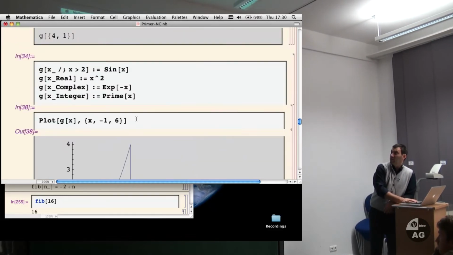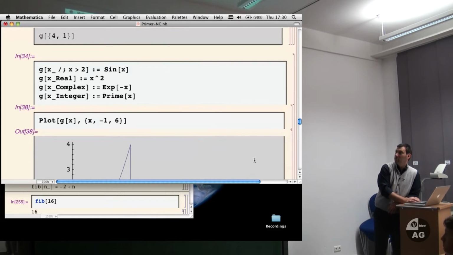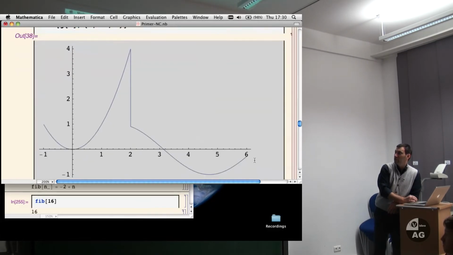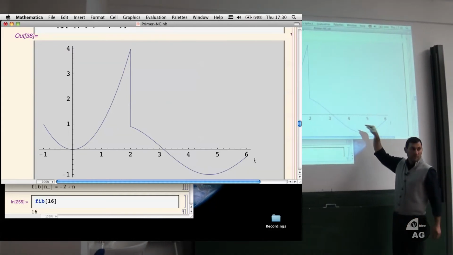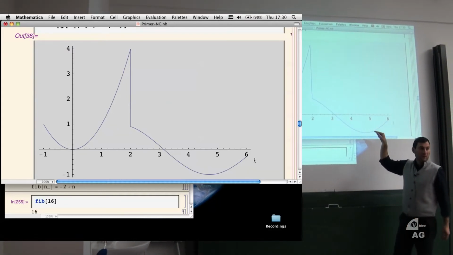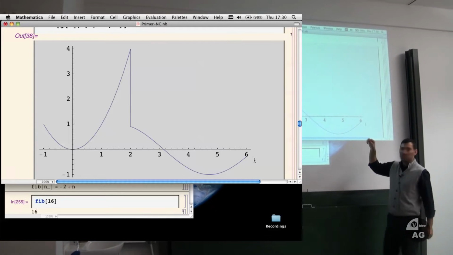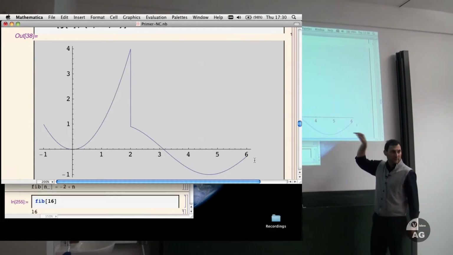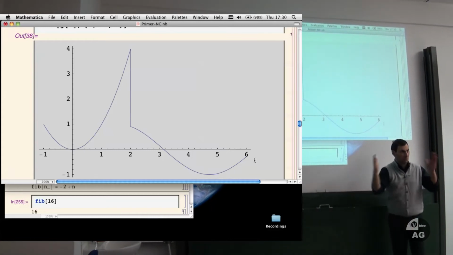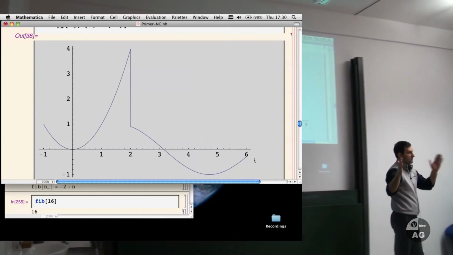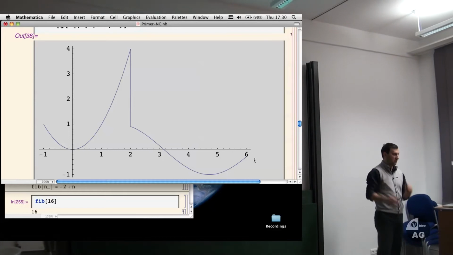We don't see the integers, because the integers are specific points, and you have a probability 0, or almost 0, to hit one specific point when you are working on a continuous interval.